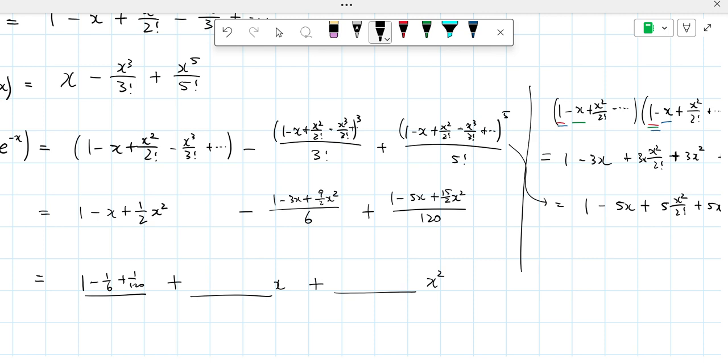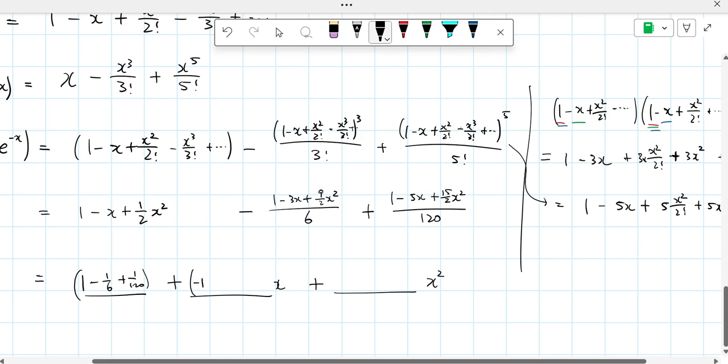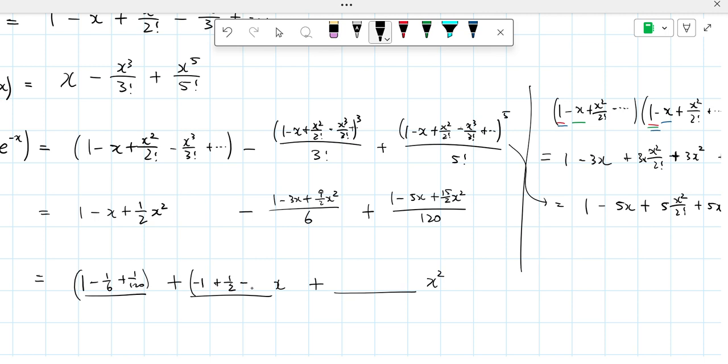And then the coefficient of x would be negative 1 minus negative 3 over 6. So that's positive 1 over 2. And then my next term would be plus negative 5 over 120. So minus 5 over 120, which is minus 1 over 24.